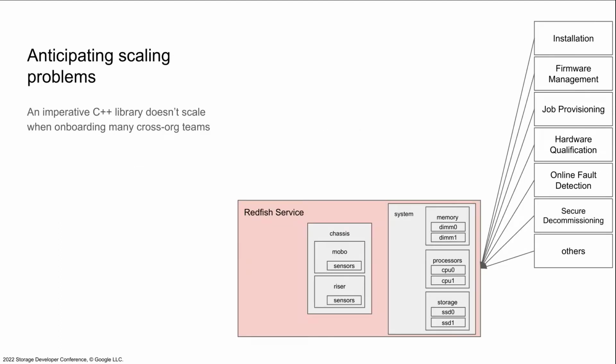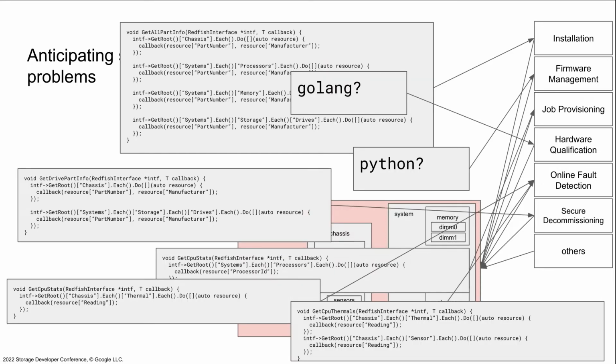But we're realizing an imperative C++ library doesn't really scale when we onboard many cross-organizational teams. You can imagine everybody will have slightly different code, or maybe they'll write slightly different query functions, or maybe they can't use C++, they have to use different languages. And with Redfish, there's lots of different places where the same information can live.